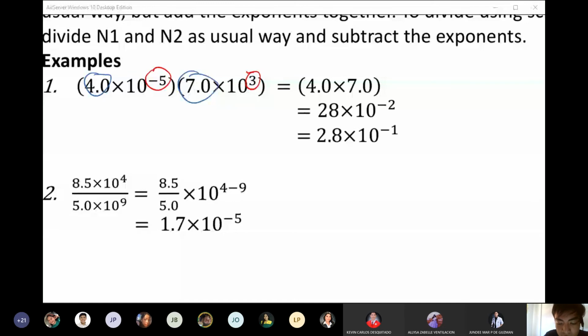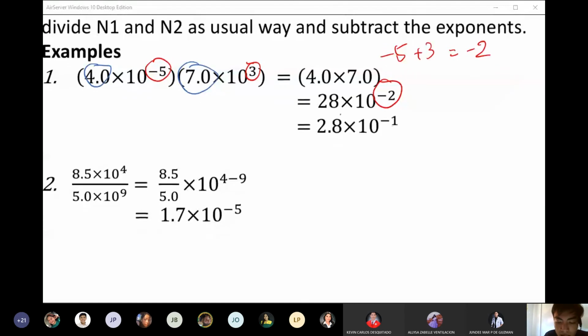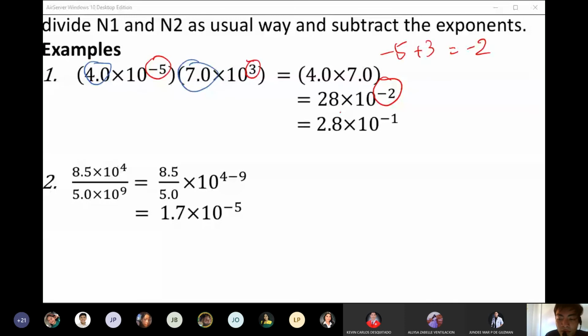Negative 5 plus 3 is negative 2. Hence, the exponent is negative 2. And again, this is not yet the final answer because 28 is way higher than 9. So I have to move the decimal point again. And as I move it to the left, we will add 1 here. So it will become a negative 1 exponent.